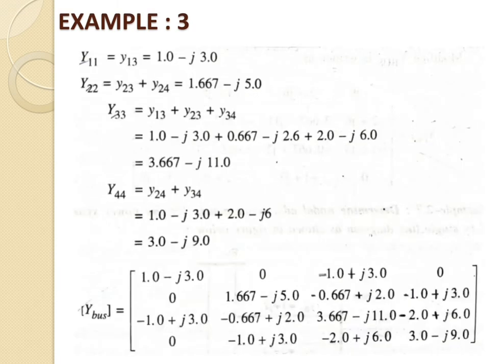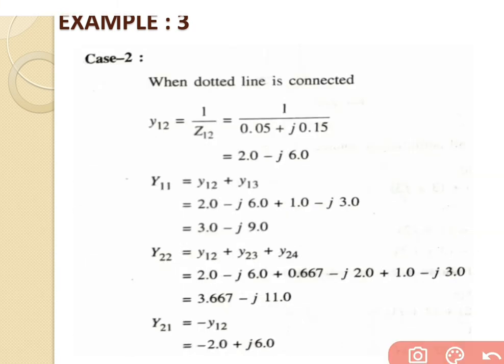The equation is Y22 is equal to Y12 plus Y23 plus Y24. Already having the values of Y12, Y23 and Y24, just put the values of all 3 parameters, and we will get the answer for Y22 is equal to 3.667 minus j11.0.